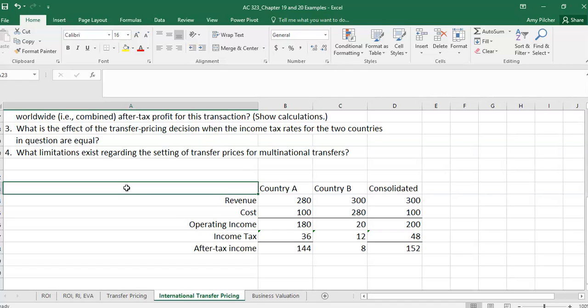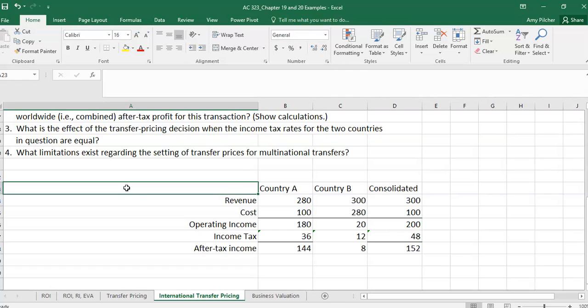For multinational transfers, there are laws against using transfer prices just for the benefit of paying lower income taxes. What those rules state is that the transfer price has to make sense to a third party.